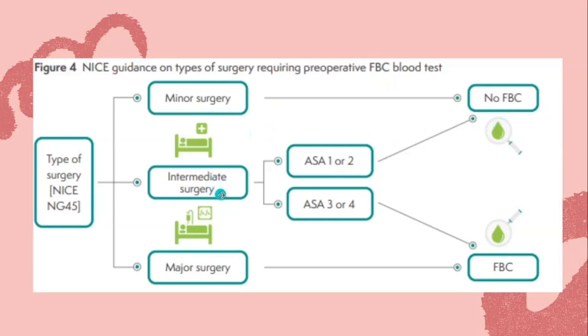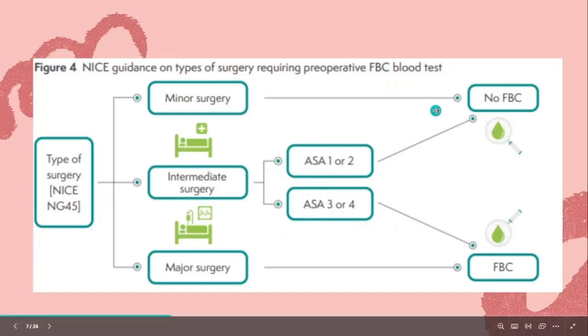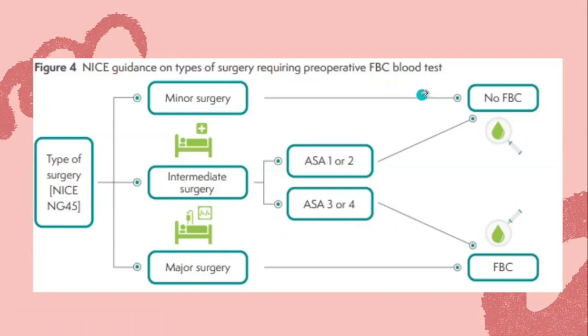If you have an intermediate surgery, it depends on the classification of the patient. So ASA 1 or 2, no full blood count. ASA 3 or 4, a full blood count will be needed. Concerning evaluation of anemia, other lab tests or image tests can be discussed in another presentation. And all major surgeries need a full blood count for the screening of anemia.